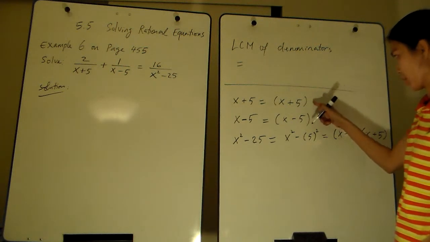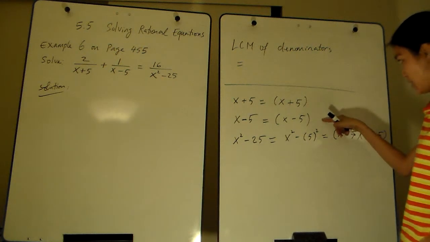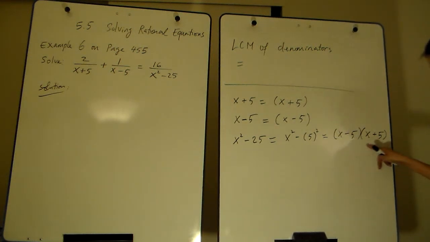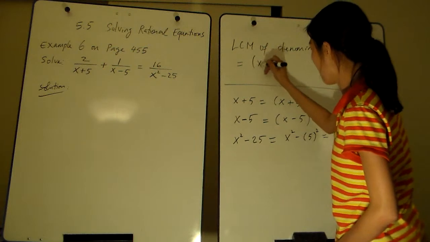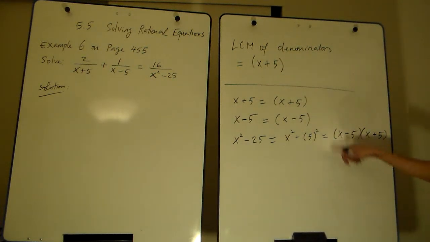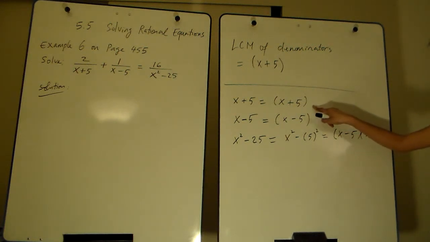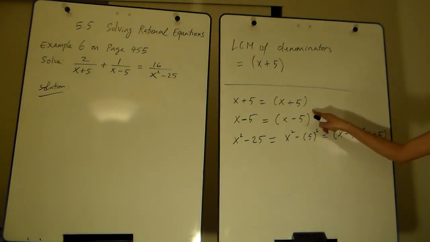For x plus 5, it occurs one time to the first power. There's no x plus 5 here. How about here? Yes, there's x plus 5 here, and it only occurs one time. So you have x plus 5 to the first power. How about x minus 5? It occurs one time because it's raised to the first power.